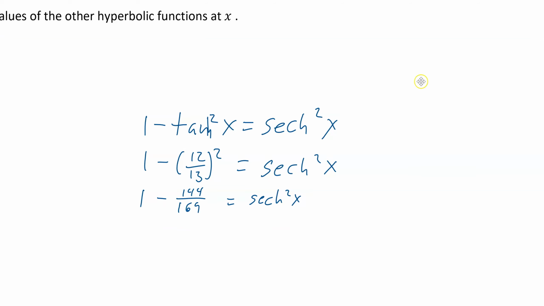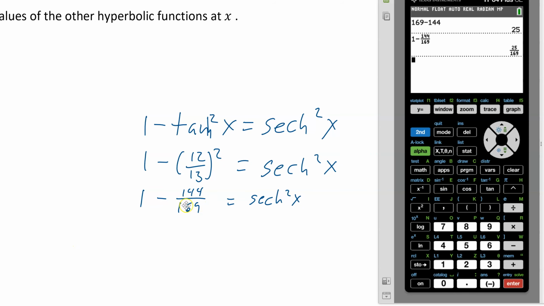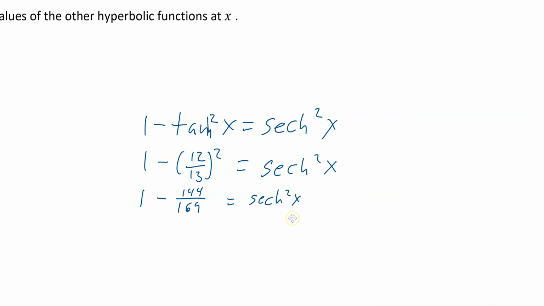And so this subtracted would be the difference between them. So what's 169 minus 144? If you just take these two and subtract them, it tells you the numerator, 25. Or you can subtract it in your calculator. We get 25 over 169. Square rooting both sides, we get plus or minus 5 over 13 equals hyperbolic secant.